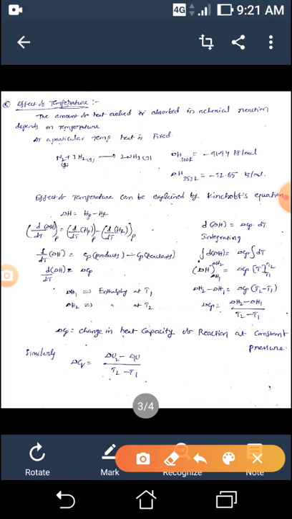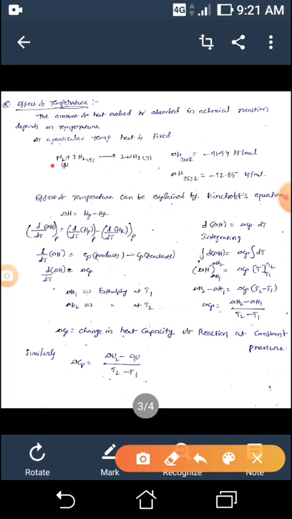If the temperature changes, the amount of energy released, or enthalpy, also changes. For example, consider the change in enthalpy with respect to temperature. The amount of heat evolved or absorbed in a chemical reaction depends upon the temperature. At a particular temperature, heat is a fixed value.